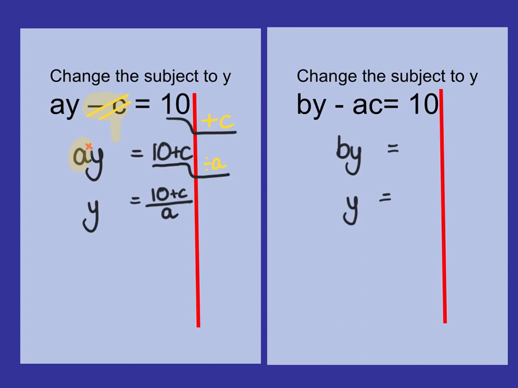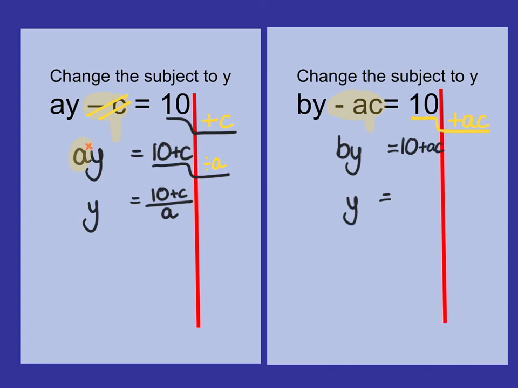One last one. This time slightly different. We have got a minus ac, which is missing. So for this one, the opposite of minus ac is to plus ac. So I need to do 10 plus ac.